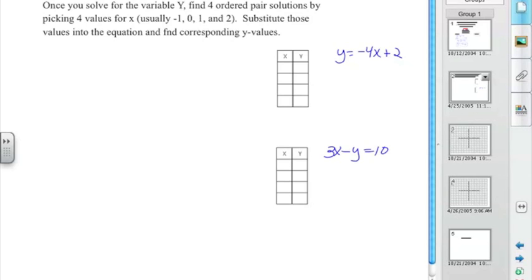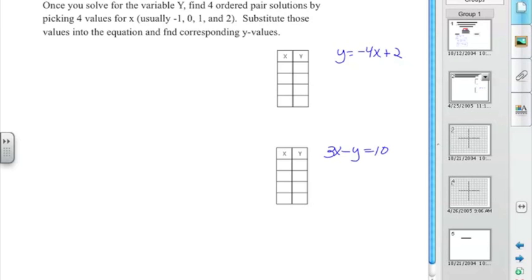You can also look ahead and know something about the equation you're working with and pick other numbers to make the ending solution, the y value, easier. But either way, you want to keep things as close to 0 as possible, because later we're going to actually put these 4 points on a graph.